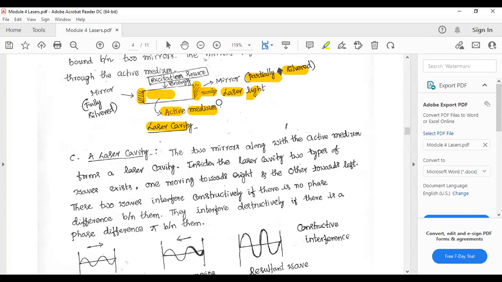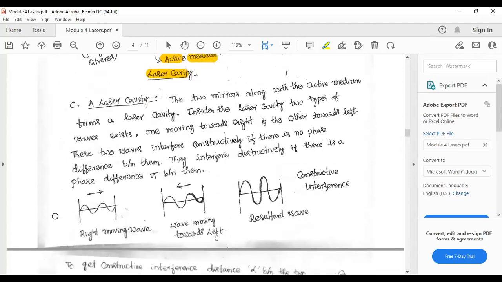Now, this length between two mirrors is to be adjusted in such a way that, suppose there is a light coming towards the right, and it hits the mirror at the right hand side, and then that reflected beam should move in such a way that both these light rays, the one moving towards the right and the one moving towards the left, should constructively interfere.